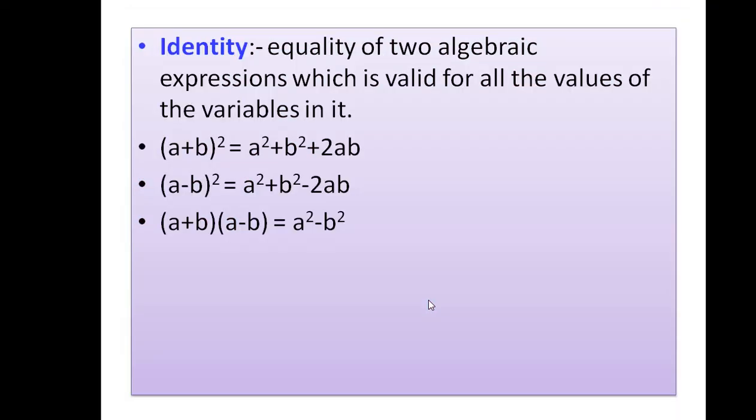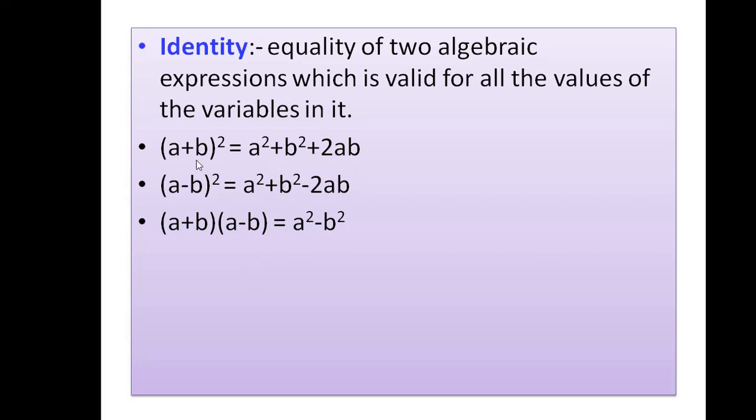Identity. Equality of two algebraic expressions which is valid for all the values of the variables in it. So when it is an identity, whatever variable you give, whatever constant you give, the equality will not change. That is called an identity. For example, you can say a plus b the whole square equals a square plus b square plus 2ab.